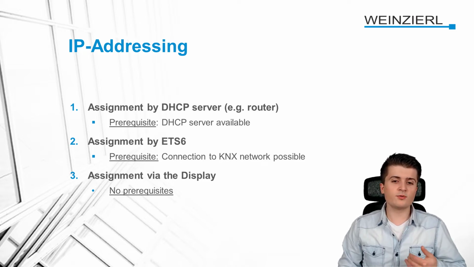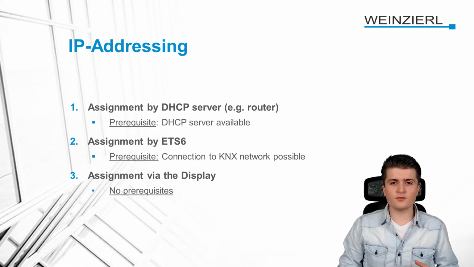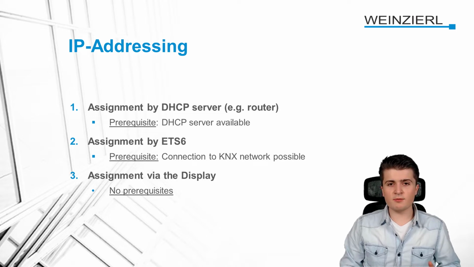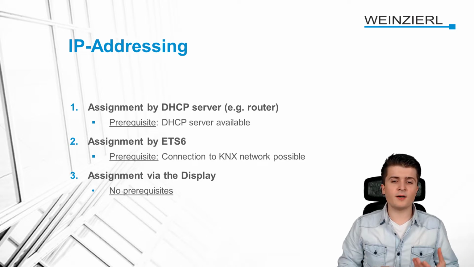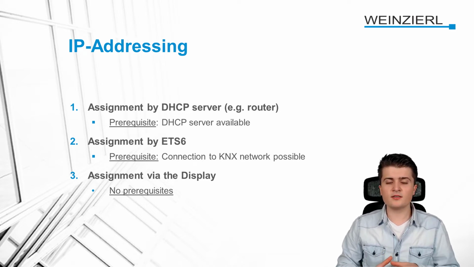There are also prerequisites for this option, because you need to be able to download this information onto the BAOS, and therefore you must have an established connection between your EDS and the KNX network. And because the BAOS at that moment isn't parameterized with its IP settings, you can't use the IP interface of the BAOS. Therefore you must have, for example, a USB interface or a KNX IP router if you want to use this option.